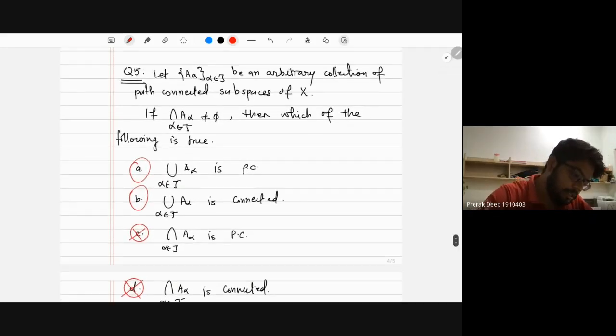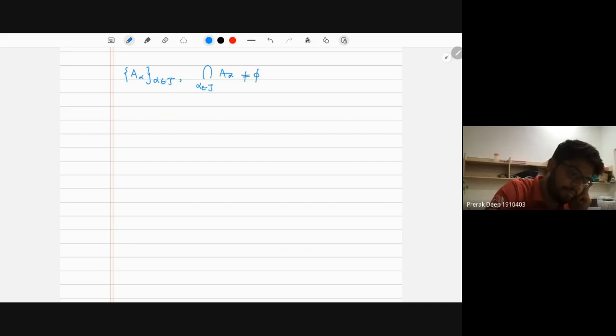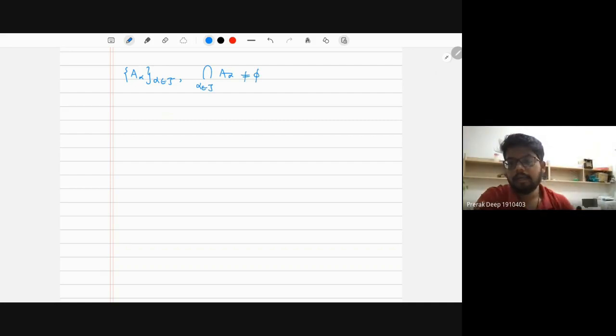So now let me first start with the path connectedness. What we are given is an arbitrary collection of A alphas such that their intersection is non-empty. This is the important part, that their intersection is non-empty.